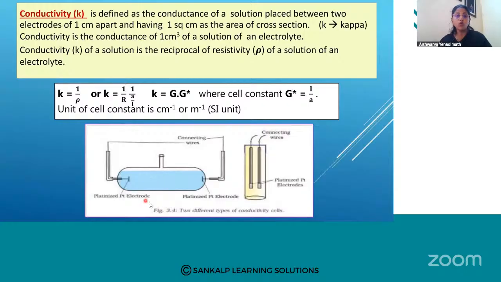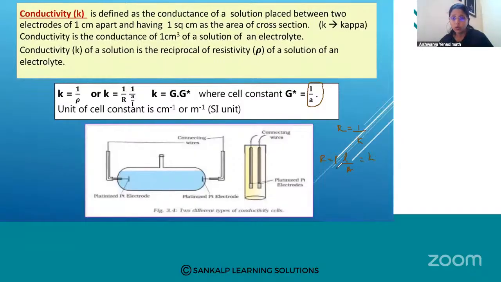So if I want to find conductivity kappa, let us find the resistance. Once we find the resistance, conductivity comes automatically, because conductivity is 1 by resistance. In case of resistance, we write it as rho into L by A. That can be written as 1 by kappa.